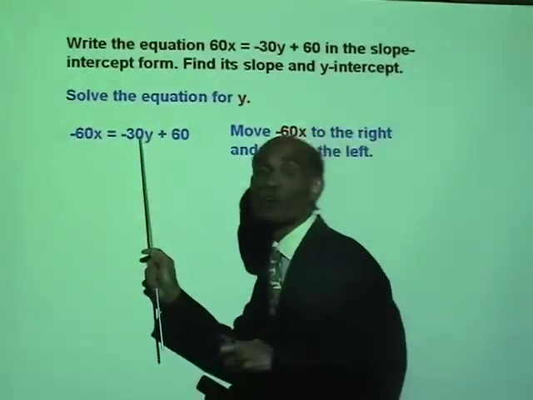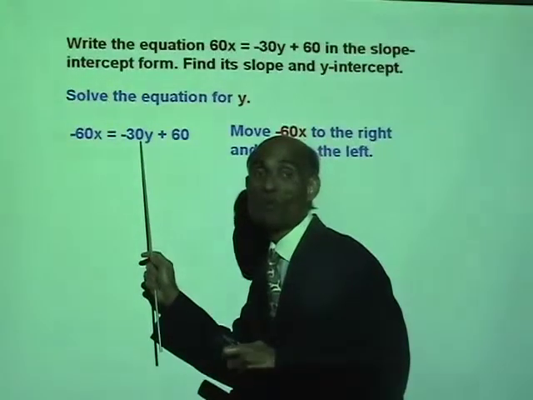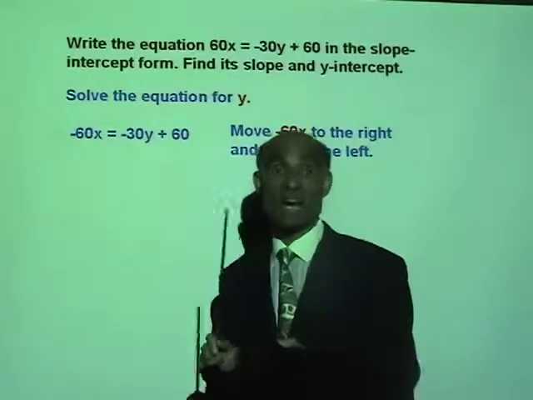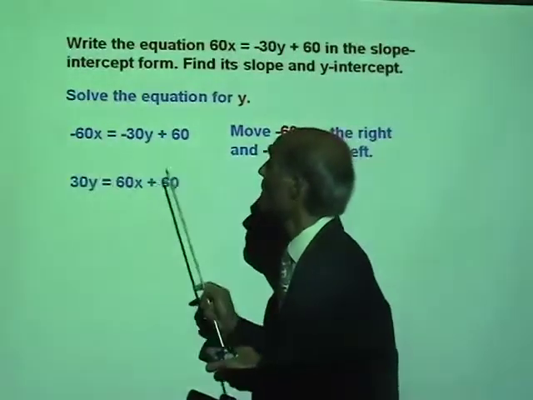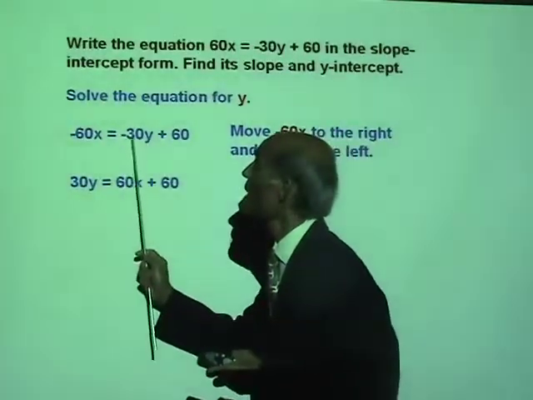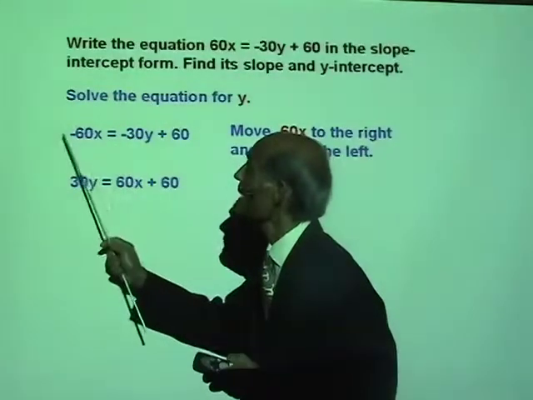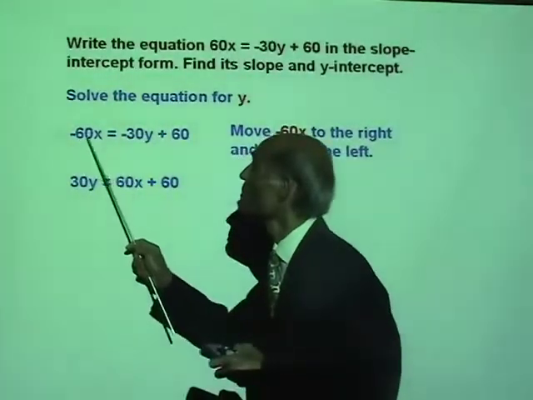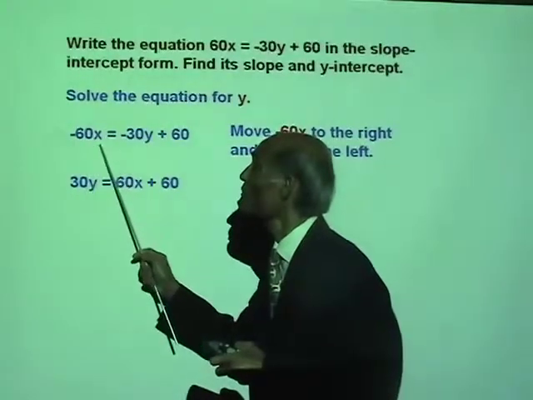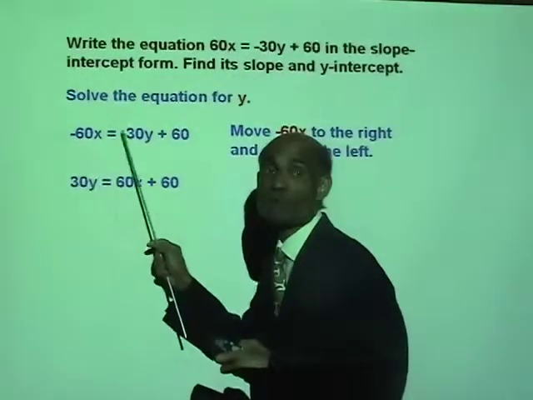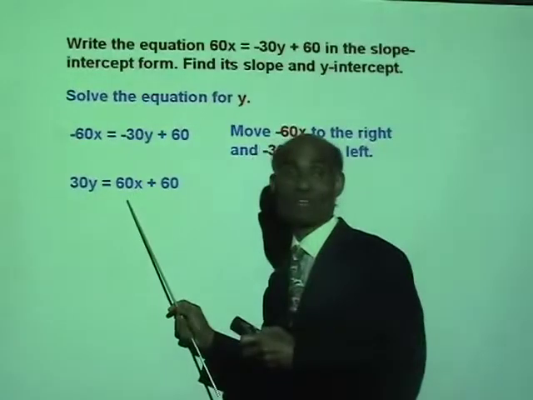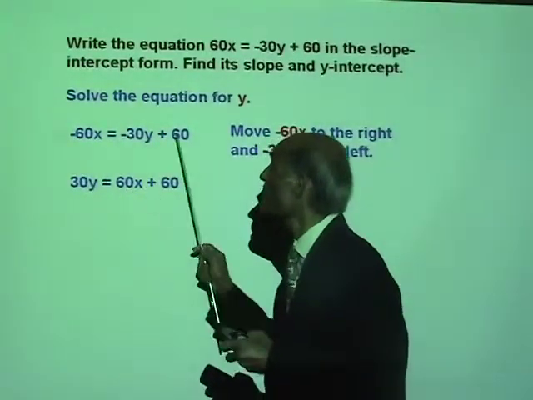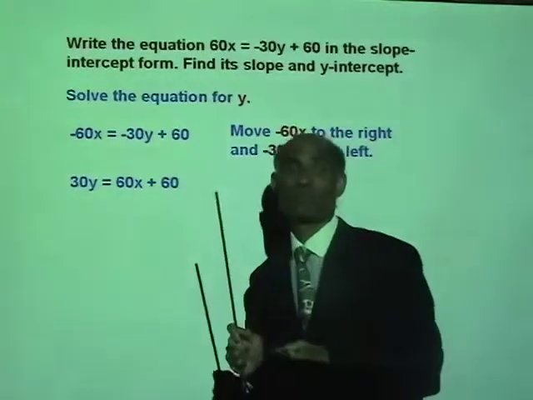Now, remember, when a term moves from one side to the other, it will change its sign. So what will this become? Negative 30y moving from the right to the left becomes positive 30y, equal to 60x moving from left to right becomes negative 60x. So 30y equal to 60x plus 60.